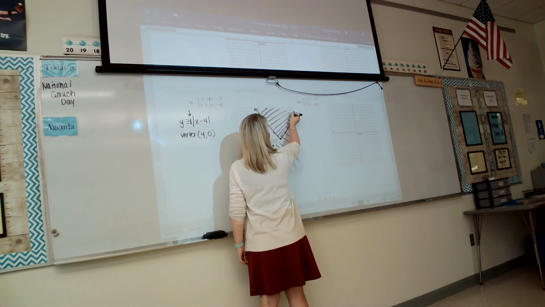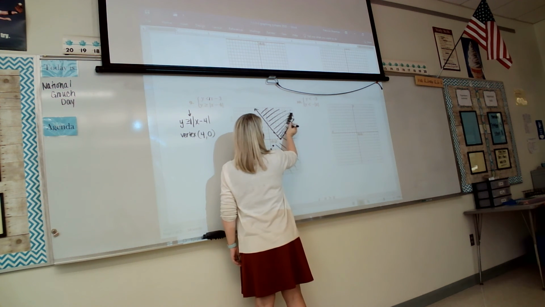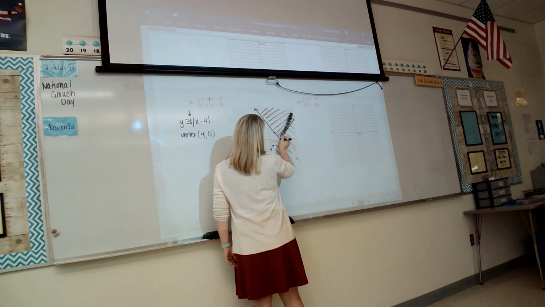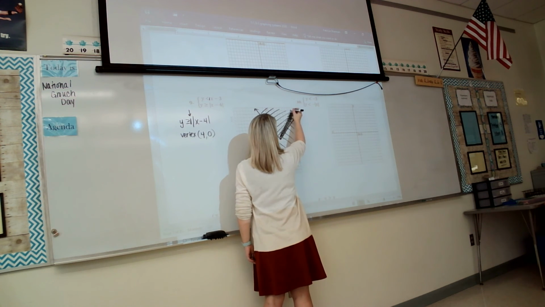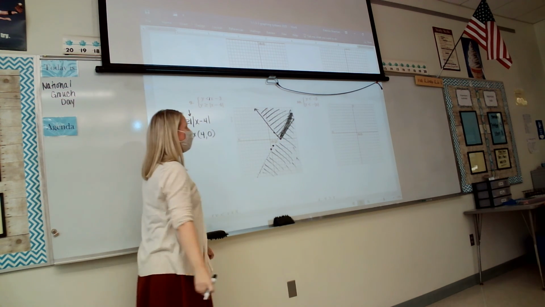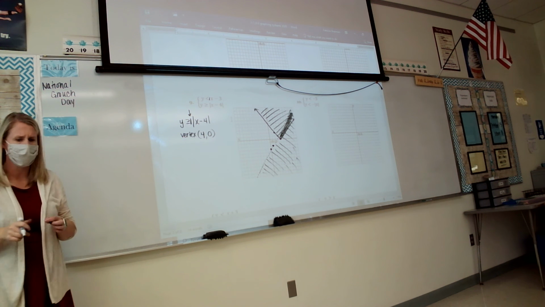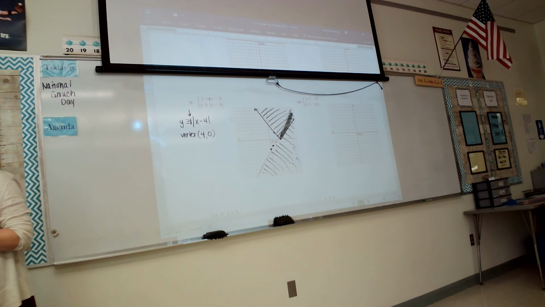And they're meeting in this section right there. So if you looked at my graph right now, you'd be able to tell, yep, that's where they're meeting. So always go back and make it a little bit more obvious. But that's your answer. Once again, you're not giving me a point. I'm looking at a graph and I'm saying that whole region is your answer.